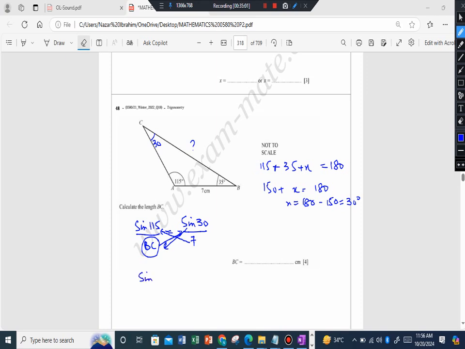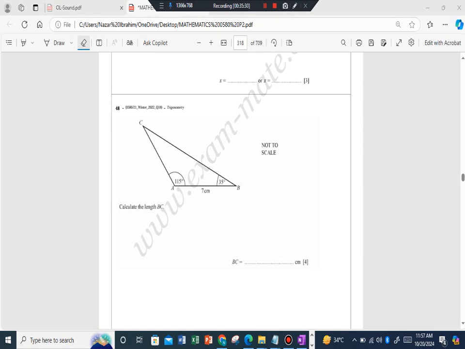So sine 115 multiplied by 7 upon sine 30 is equal to BC, right? Let's put it in the calculator. It is giving me 12.68 centimeters. Clear? Okay, let's move further.